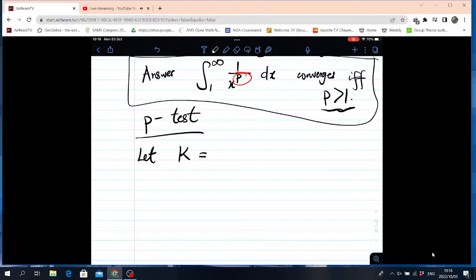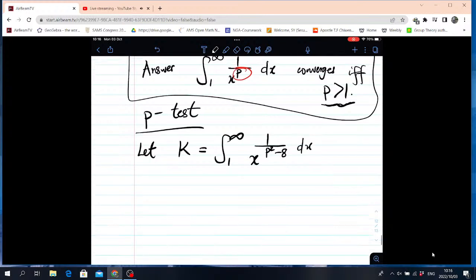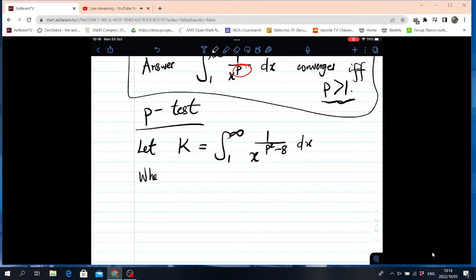Let k be equal to the integral from 1 to infinity of 1 over x to the p squared minus 8 dx. Right? And the question is, when does this improper integral converge?